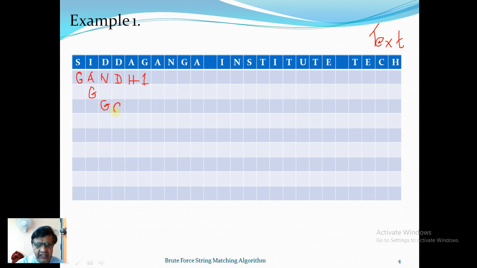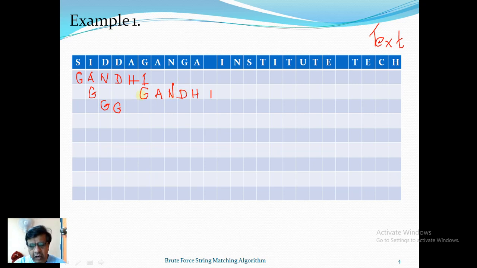Now, there is a peculiar situation in this example when the pattern Gandhi comes and sits in this particular position: G, A, N, D, H, I. Let us say it sits over here. Now, G is matching with G, A is matching with A, N is matching with N, and here there is a mismatch.